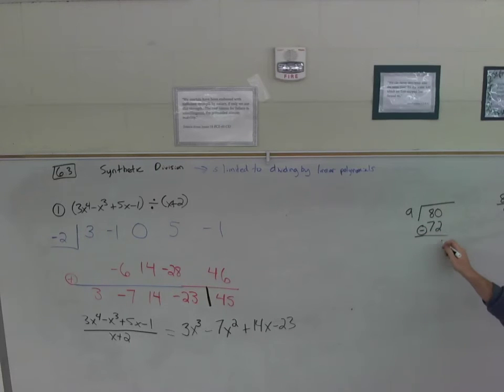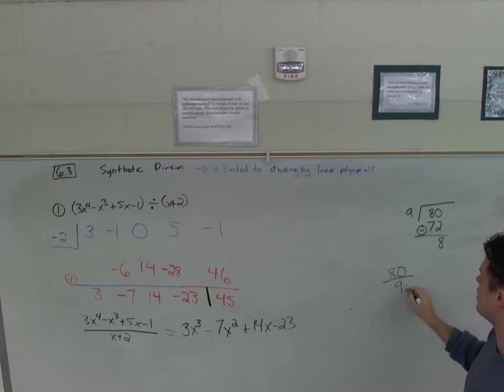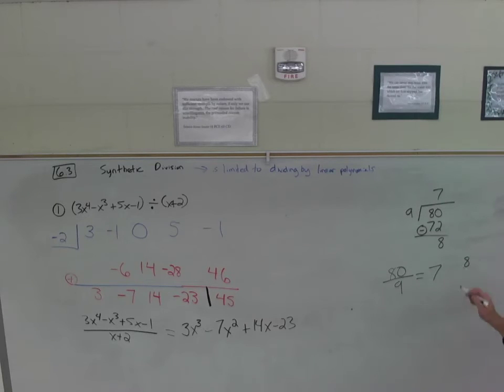We went like 8. So the answer to 80, I'll write it over here. The answer to 80 divided by 9 is, how many times did it go in? 7 times. That's the quotient, and the remainder was 8, but if your teacher just told you to write r equals 8, that's bad. 9 times 8 is 72, not 9 times.